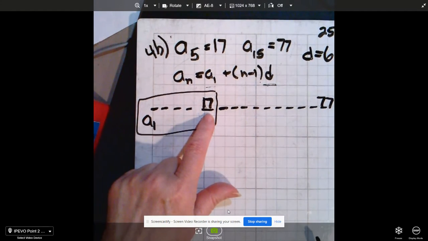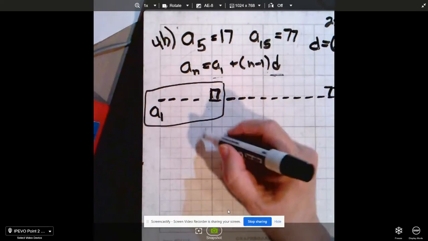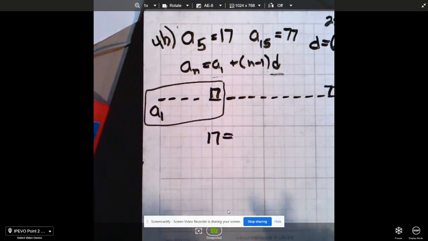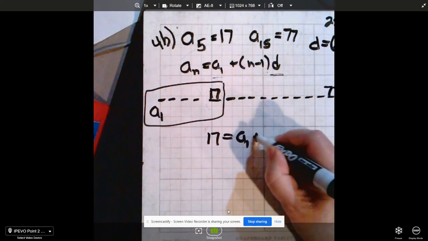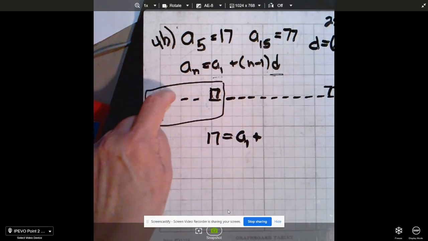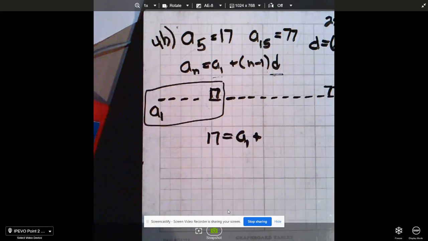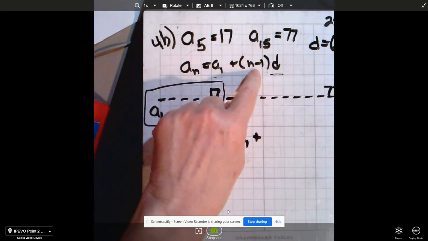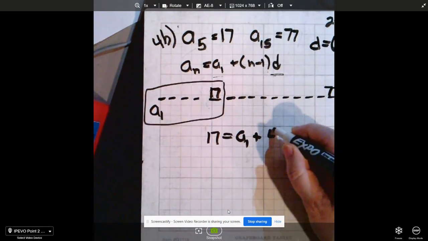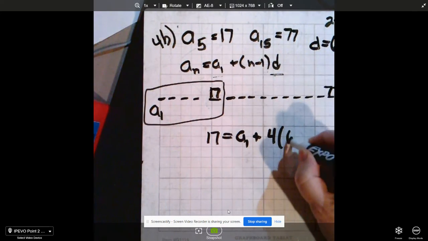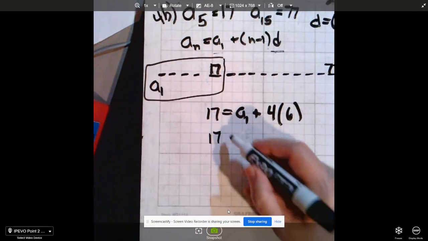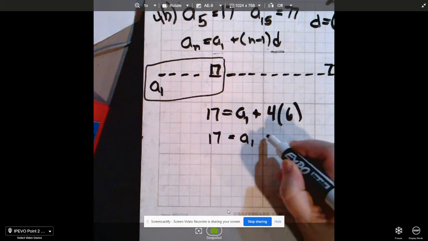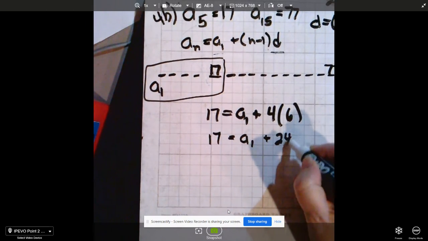So in this case, now I know my AN is 17. A1 is what I don't know. It's my variable. Well, I've got 1, 2, 3, 4, 5 numbers here. So I've got 5 numbers there. N minus 1 would be 4. And we already determined that our D is 6. So now I'm going to get 17 equals A1 plus 24.